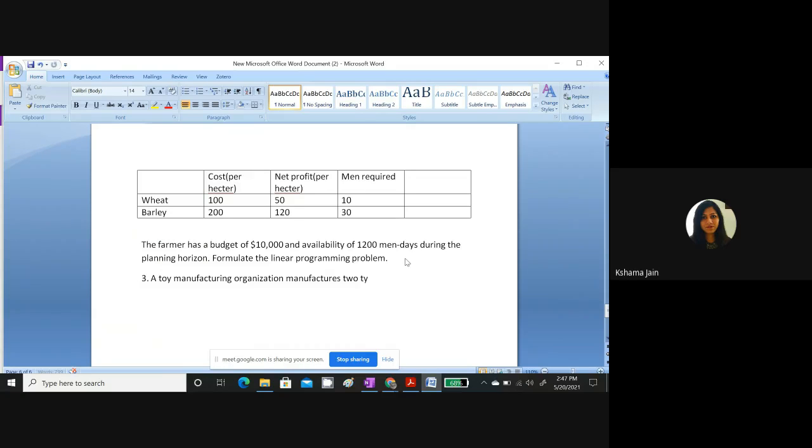So 2 types of toys, again capital A and B. Both toys are sold at rupees 25 and rupees 20 respectively.